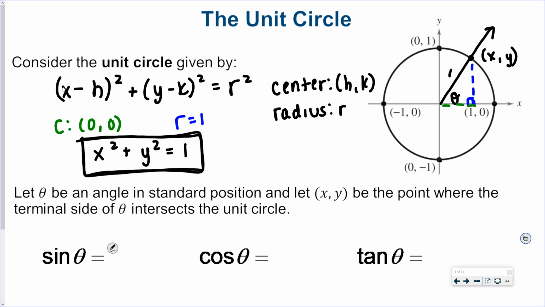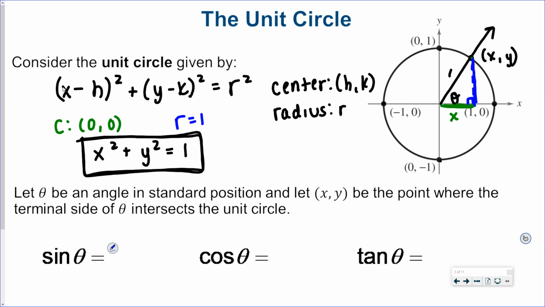If this point is (x, y), this distance is x, because to plot that point I move over in the x direction and then up in the y direction. This is going to be y.